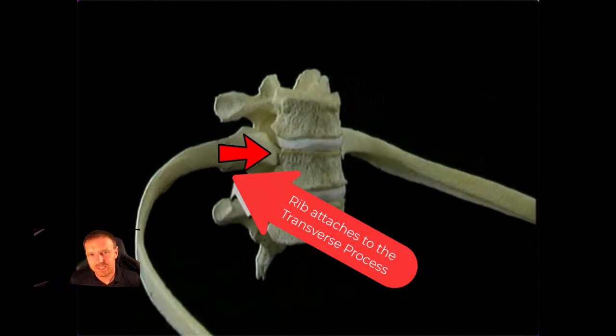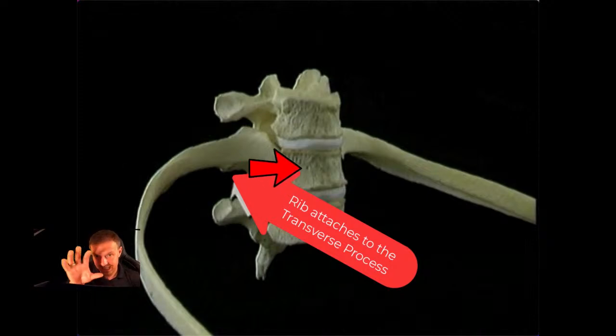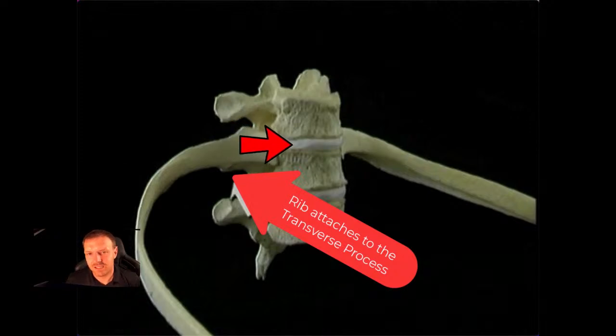Where the rib attaches, there's a demifacet just there, and then there's another one just there. So the rib doesn't attach in this region to the middle of the vertebral body. It attaches in between the two, so near the disc. So that's a typical thoracic vertebra, but there are atypical ones as well.